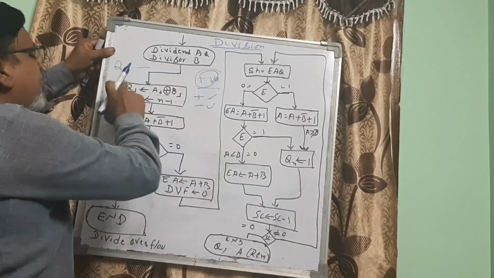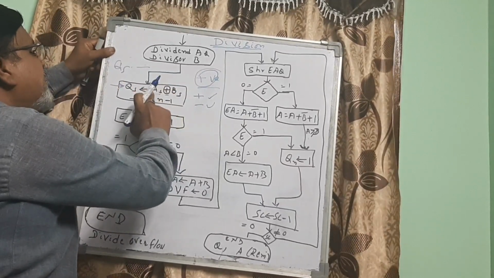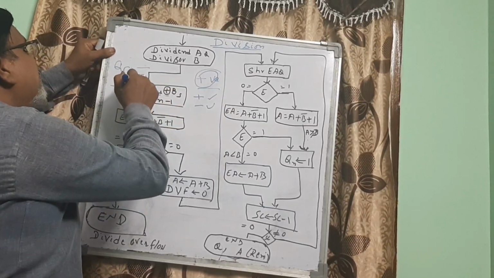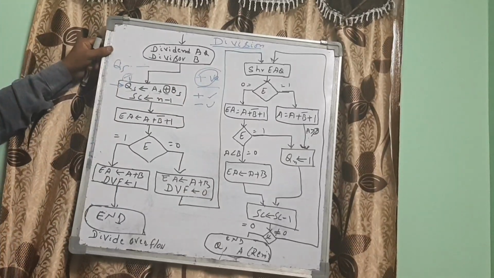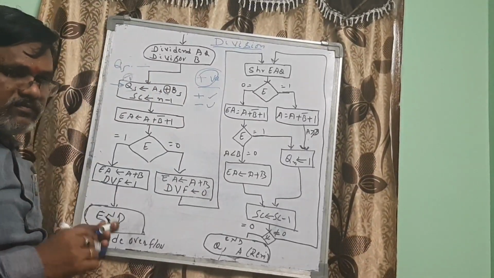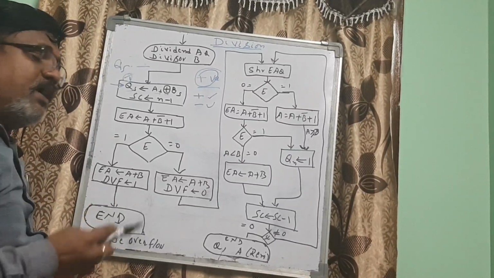Both are 0, 0, you will get 0. If they are different, one is 0 and the other is 1, then you will get 1 here, which is a negative sign. That's the purpose of using the XOR operation for storing the sign bit.